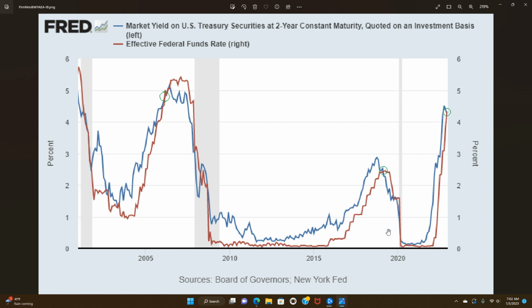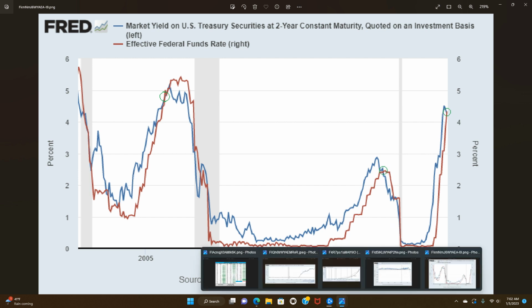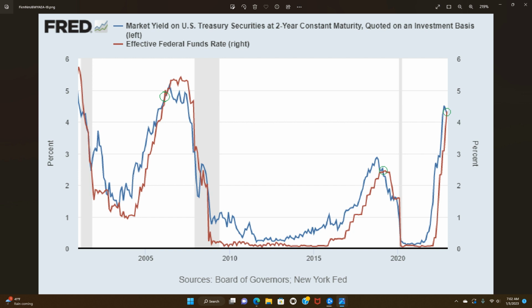You can see, and there's a structural reason for that because with bonds, you have inherent risk, right? You have credit risk, and you have the risk that the value of the bond itself declines significantly. That risk isn't there in the reverse repo market.